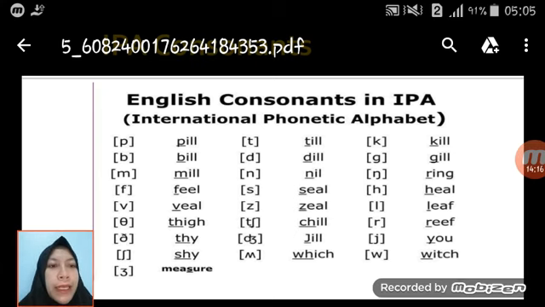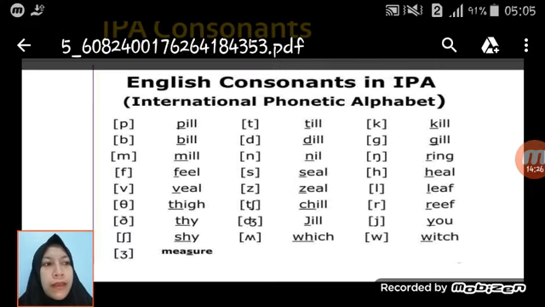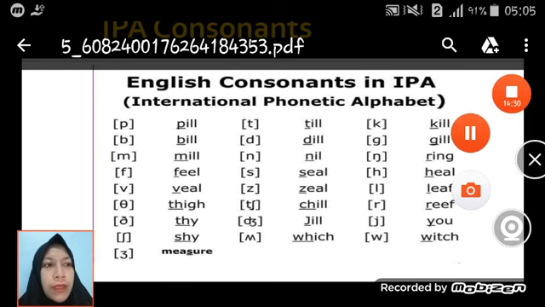Kemudian yang berbeda lagi adalah ch, suara ch itu t dan sh, seperti ini. And then j itu d dan angka 3, j. Kemudian ada juga sound w itu berarti ditulis dengan m besar, I think, and the sound y itu ditulis dengan huruf j.